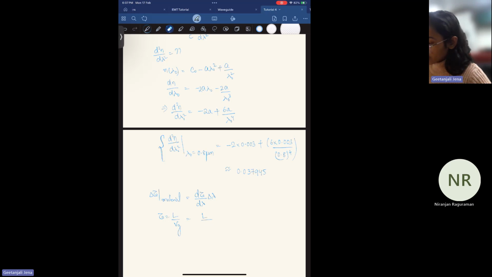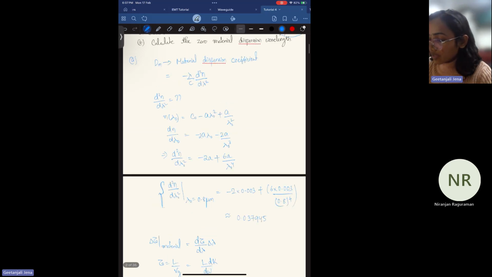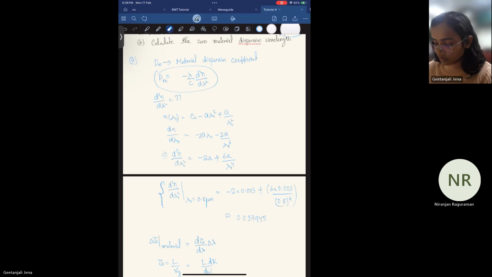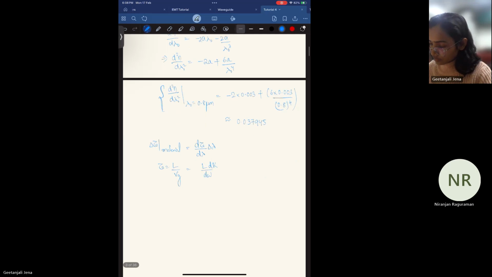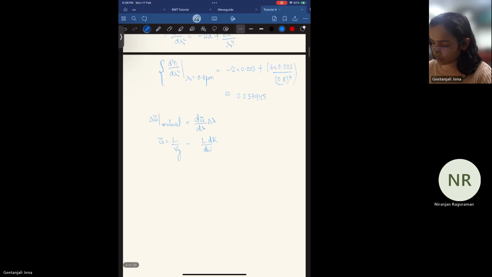It is always good practice to start from here and see how it works. I have already mentioned what D_m is, and this is the way we calculate D_m.